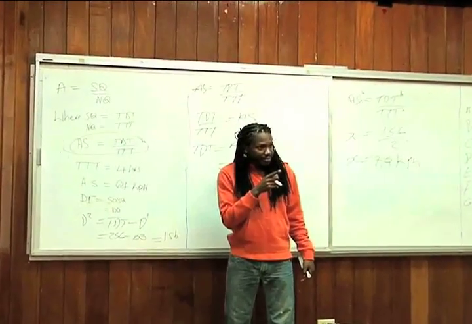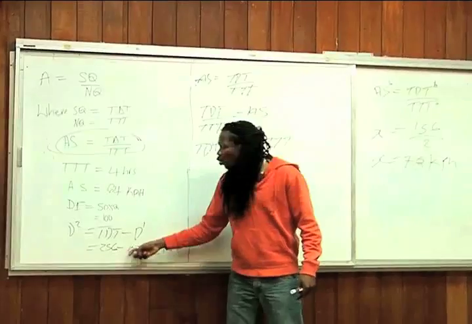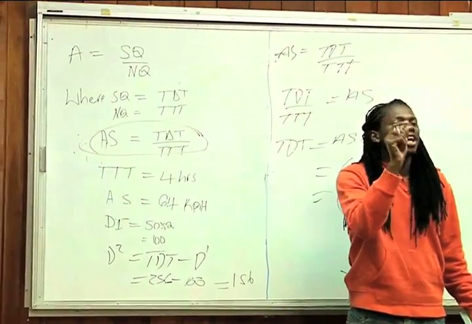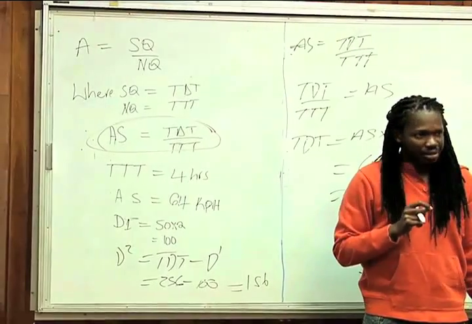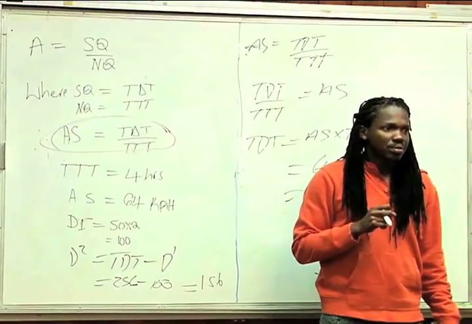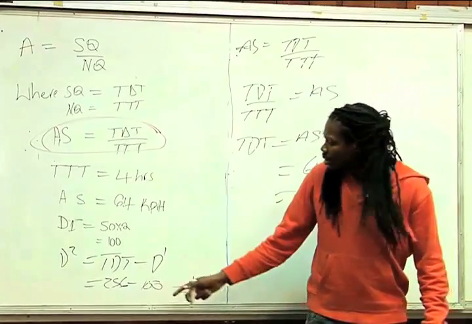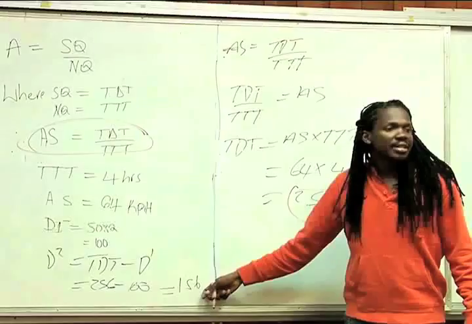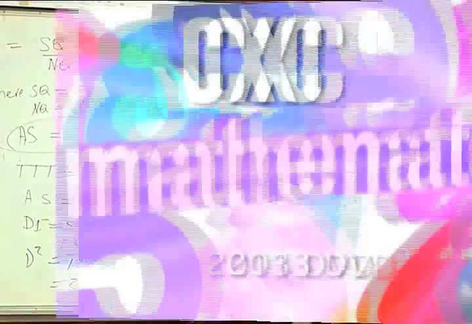So in the first segment of his travels, he traveled 100 kilometers. That leaves us with how much? It leaves us with 156 kilometers, because he traveled 100 out of 256.